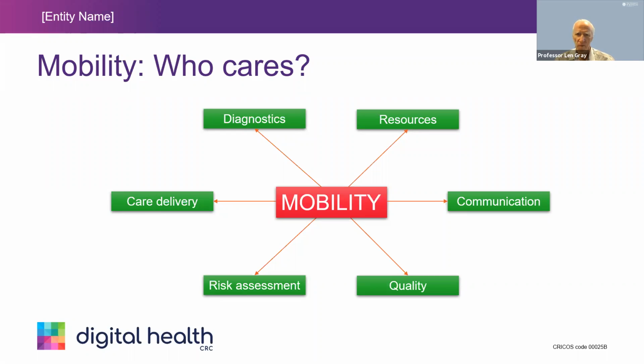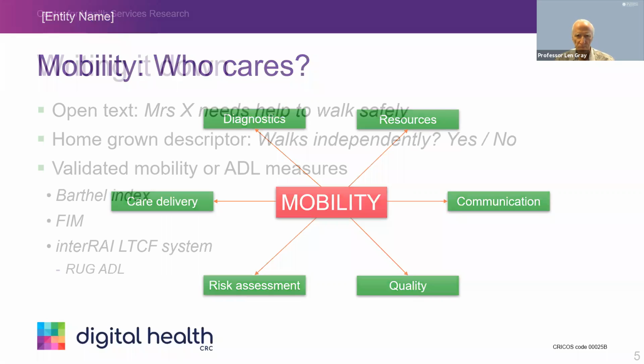And finally, I've mentioned resources already, but how do we pay an organisation to provide care? To some extent, the cost of care is driven by a phenomenon like mobility, and there are many other phenomena like mobility that drive cost. And so there's a whole myriad of reasons to characterise this mobility problem properly.